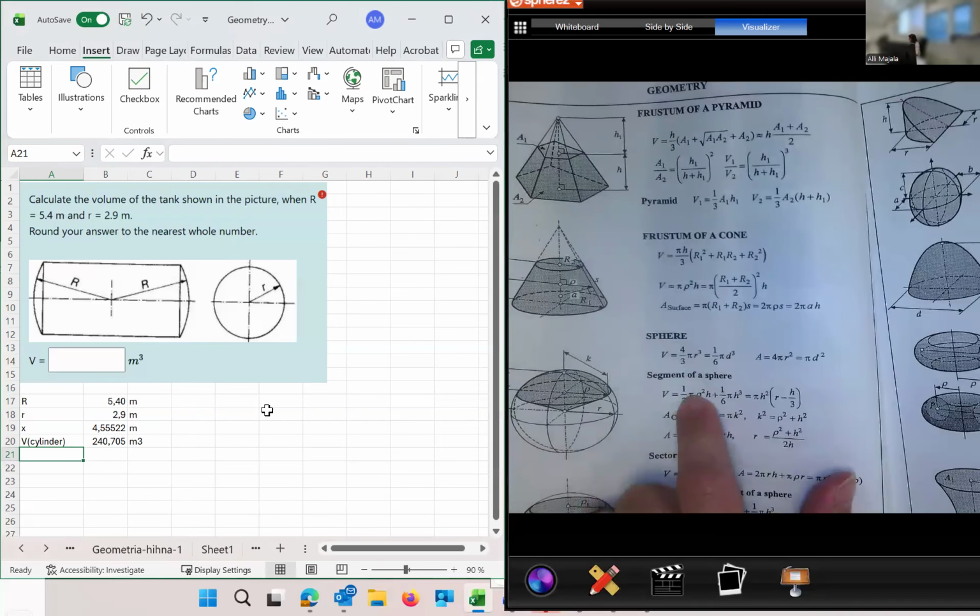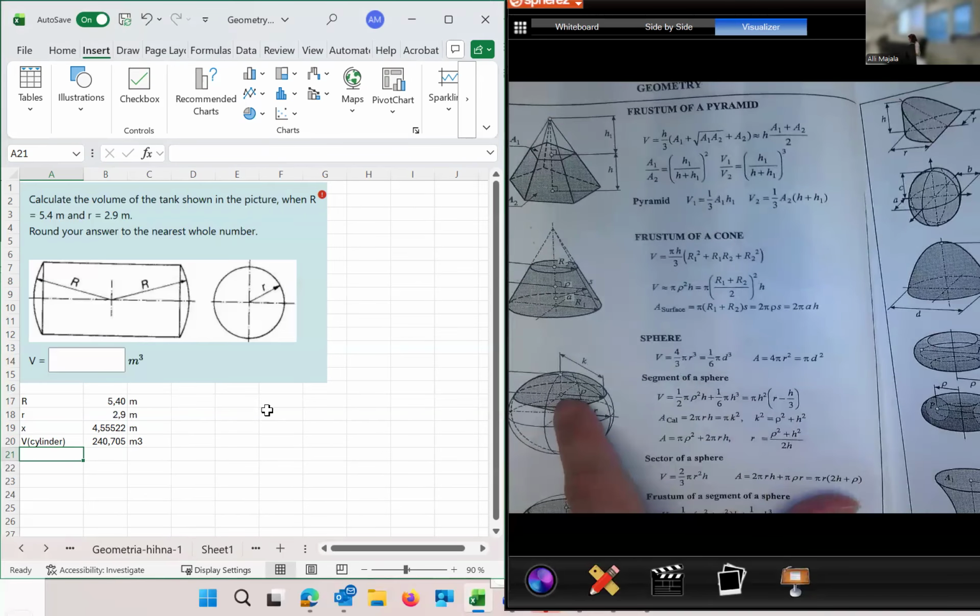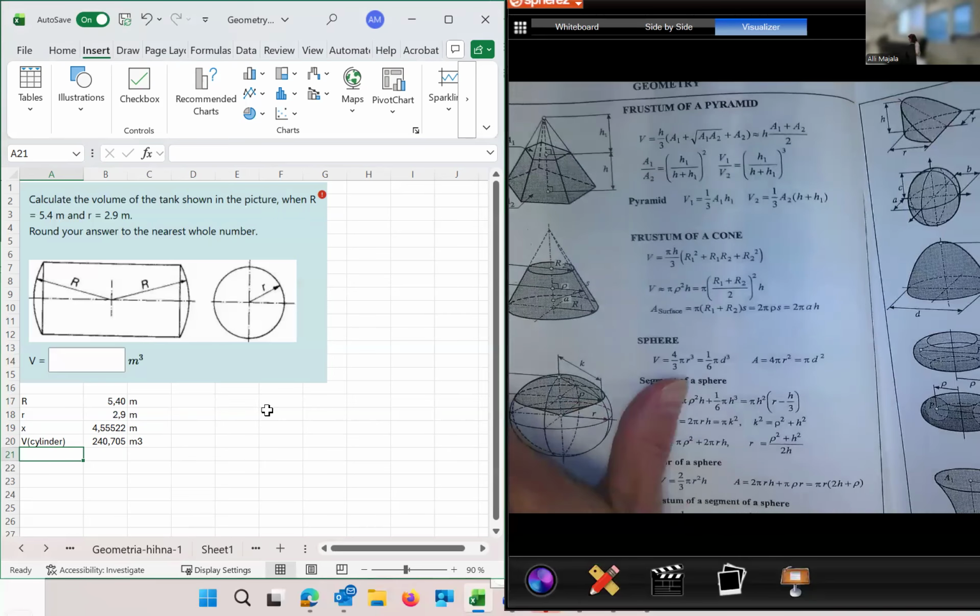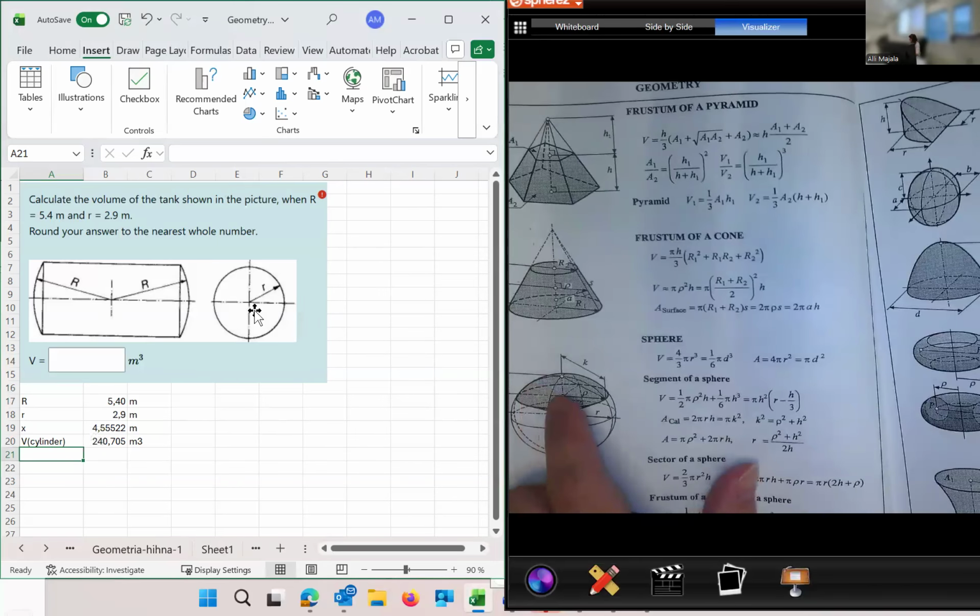So now I need to know the radius, which I already know there. That's the radius, yeah. This whatever rho. Then I need to know the height. And that's it.